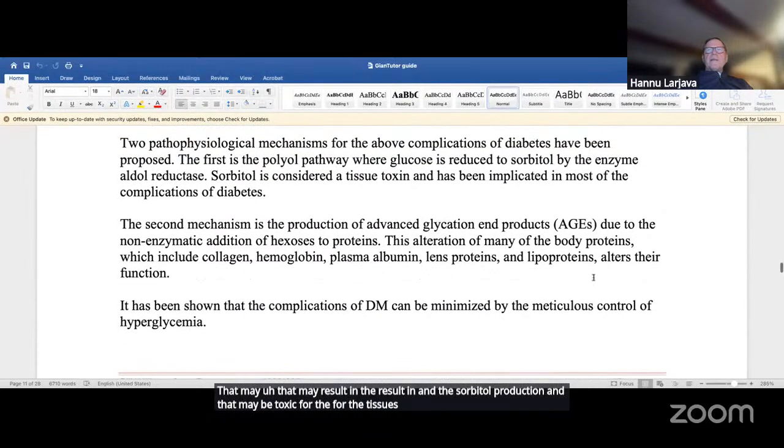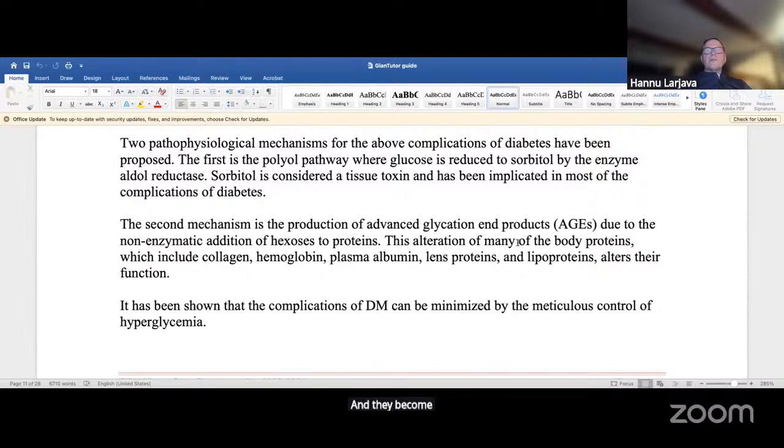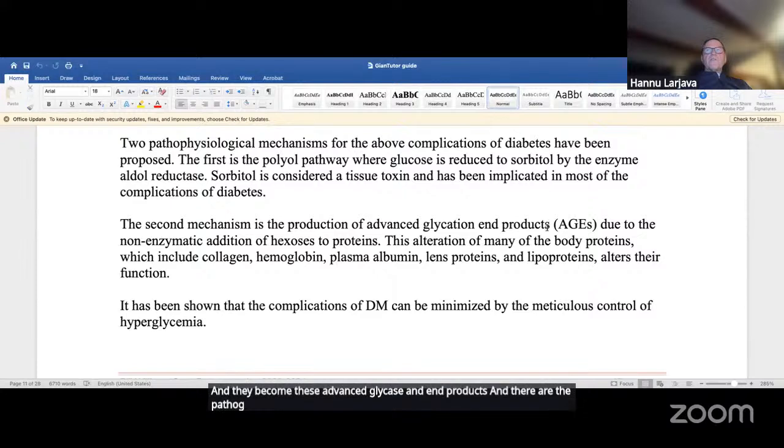And the main products produced by having additional sugars is that many proteins get sugar added to them, so they get glycosylated, and they become these advanced glycation end products, and they are the pathogenic culprits for diabetes.